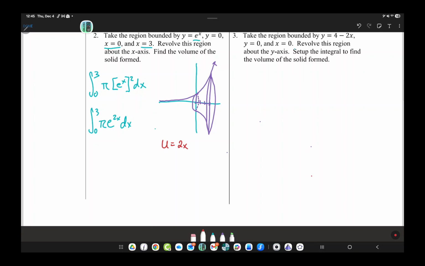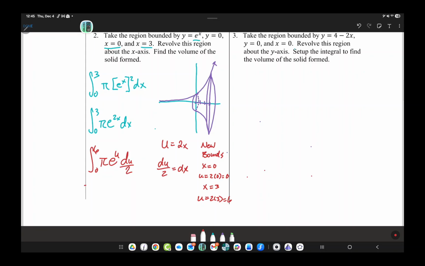Just reminding you guys. All right, so du over 2 equals dx. Now again, because I use u substitution, I'm going to have my new bounds. When x is 0, u is equal to 2 times 0, which is 0. When x is 3, u is equal to 2 times 3, which is 6. So from 0 to 6, pi e to the u du over 2.